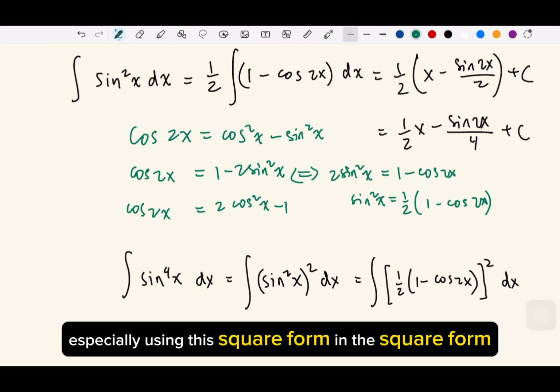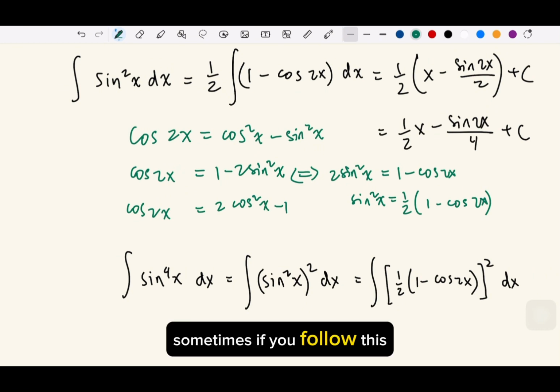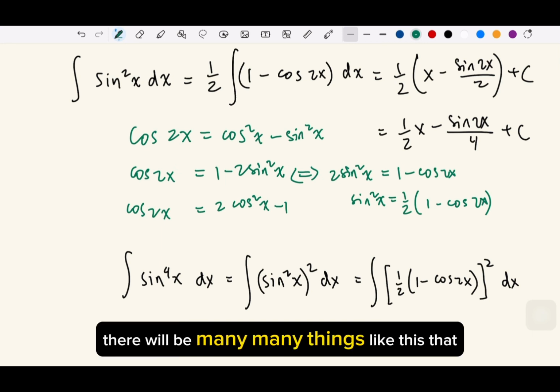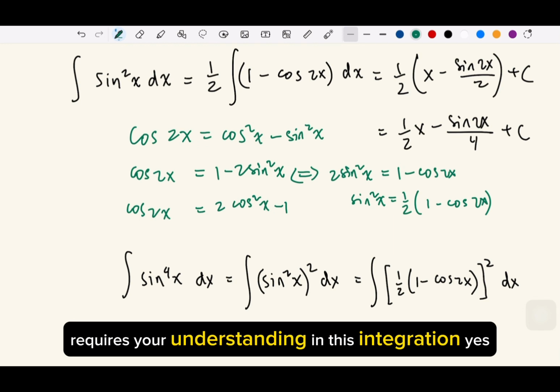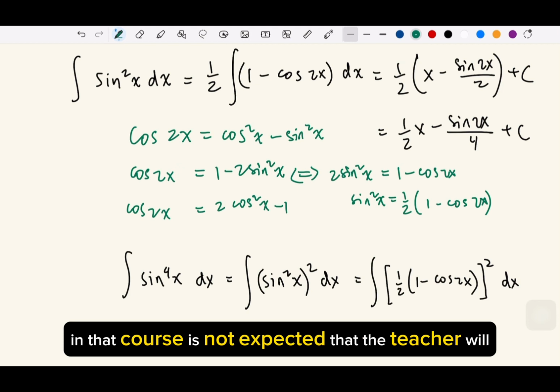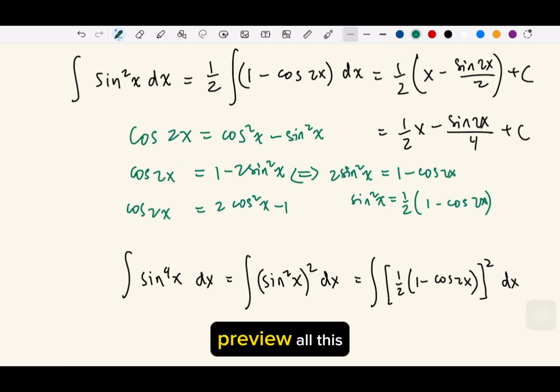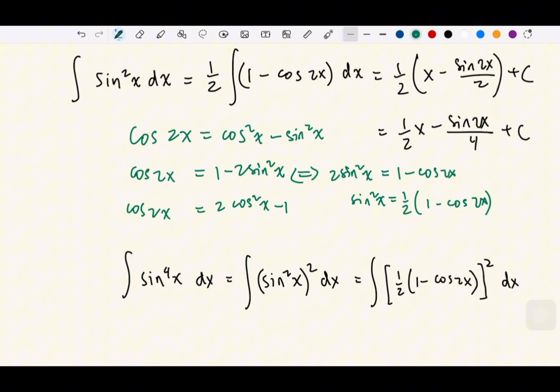If you follow other courses, you will see many things like this that require your understanding of this integration, because in those courses the teacher is not expected to review all this.